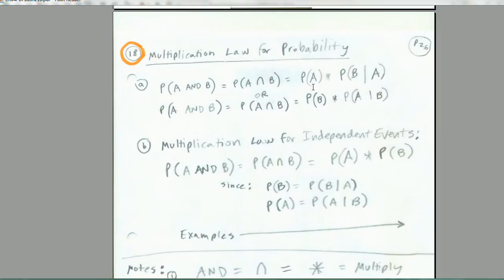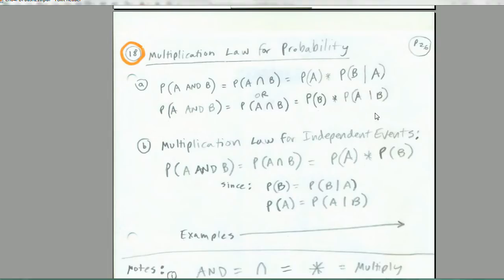So for our queen example, we just will multiply those, and that'll tell us the probability of pulling queens in succession. We could similarly get the same exact answer, probability of A and B, if we have probability of B times probability of A, given that B has already occurred.